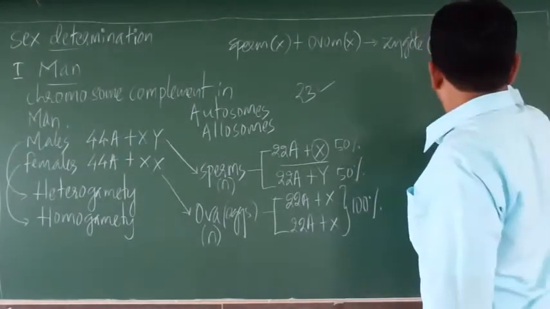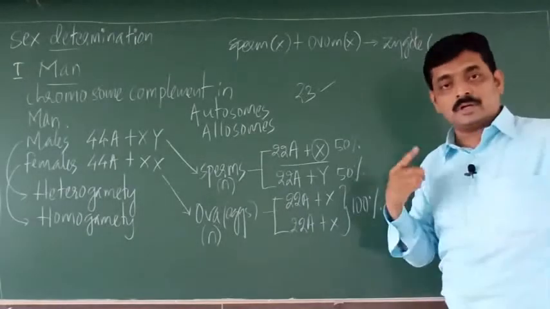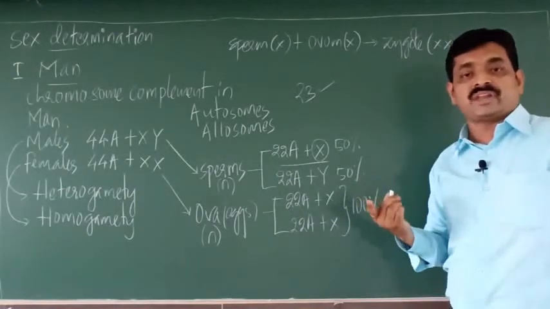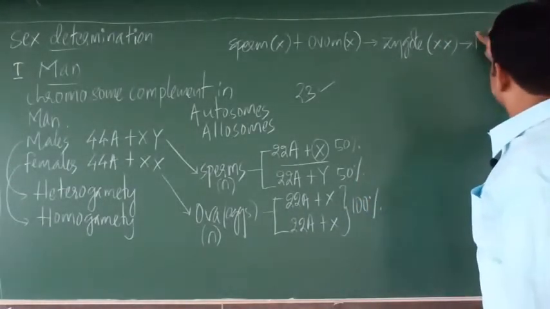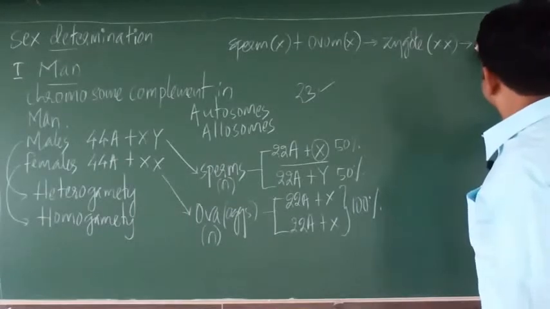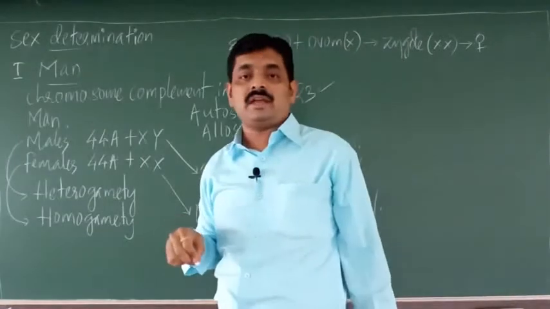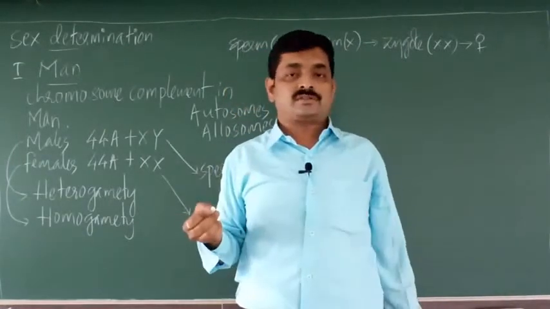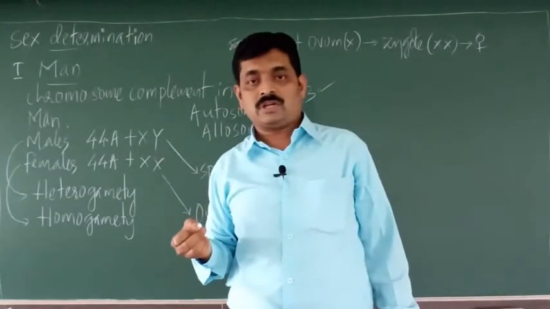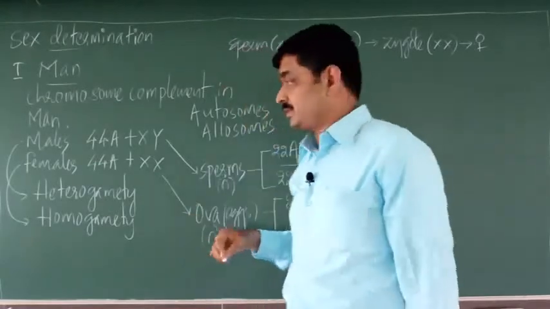Now this zygote develops into a female offspring. In this way, a female offspring is produced.